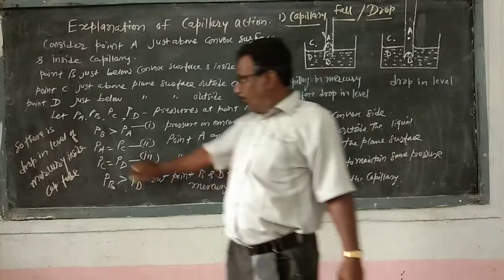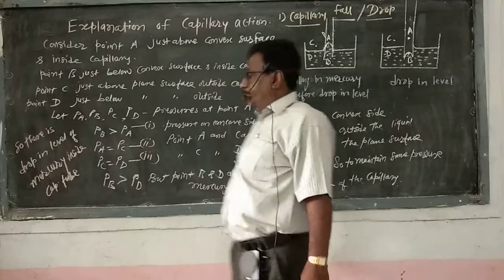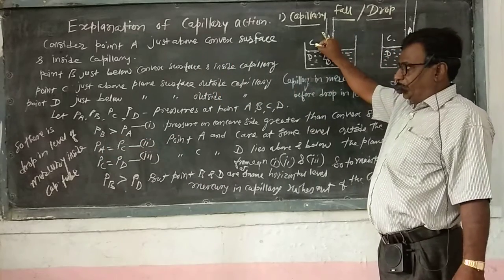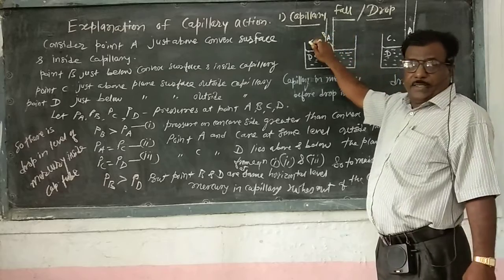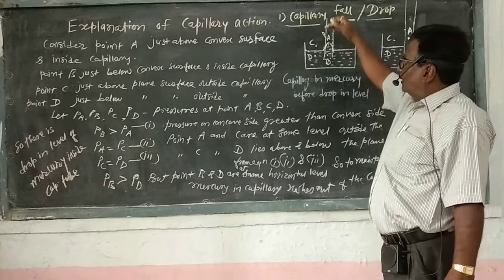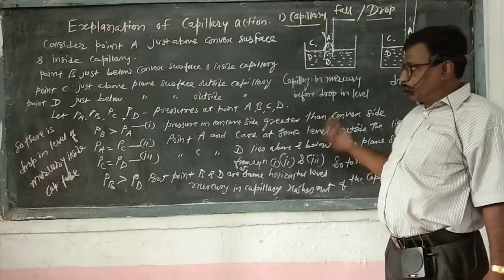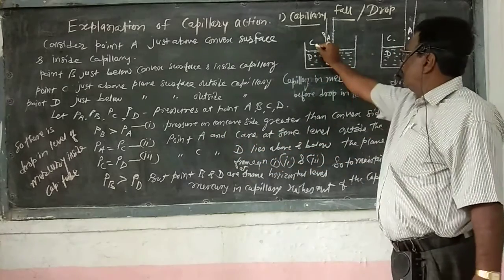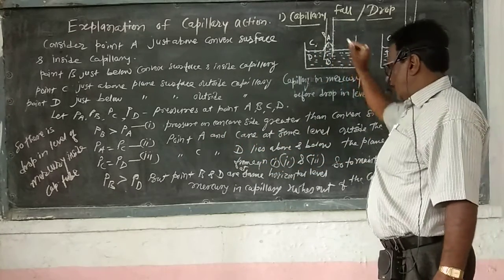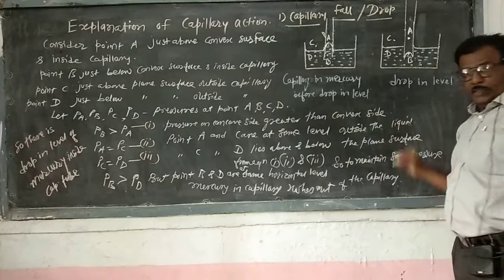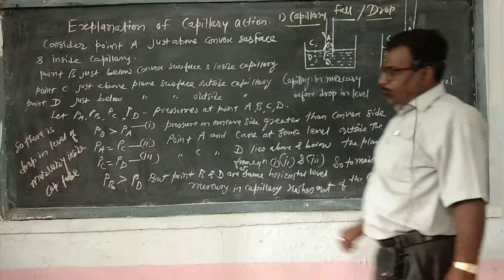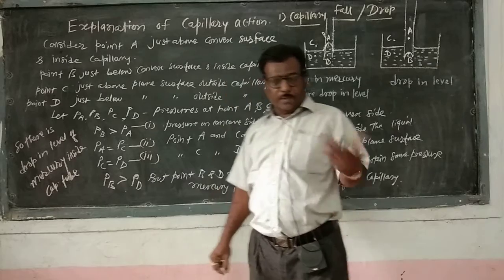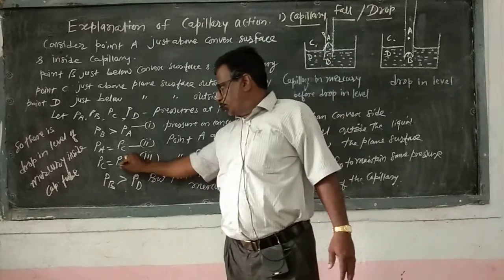Now we write PA equal to PC. That is, the pressure at point A is equal to the pressure at point C, because both points A and C are above the liquid surface, at the same level, outside the liquid. Therefore PA equals PC. Call this equation number 2. Similarly we can write PC equal to PD.